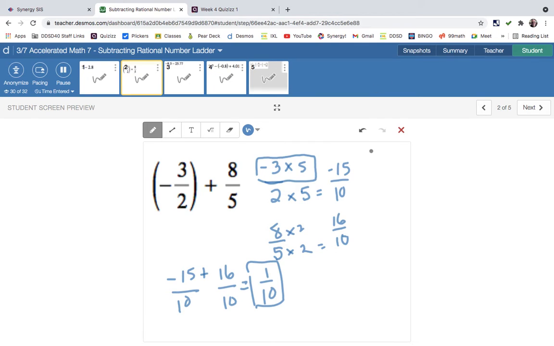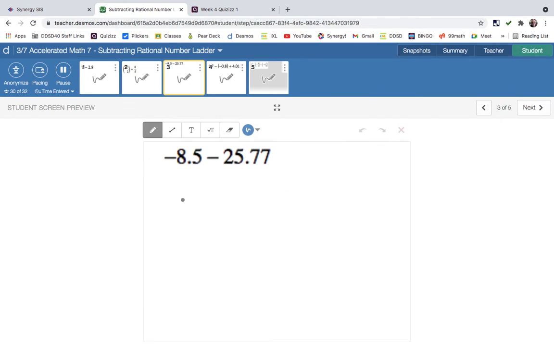Okay, card number 3. I like to rewrite this as 8 and 5/10 plus the opposite of 25.77, which is negative 25.77. So negative 25 and 77/100. So I'm going to line up those decimal points. I'm just going to put them like this ahead of time.